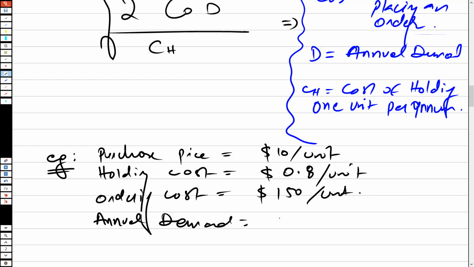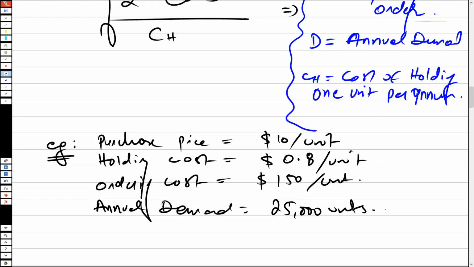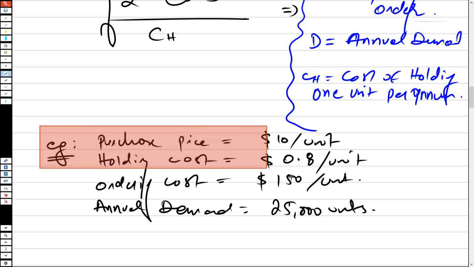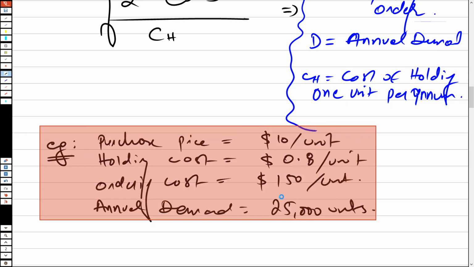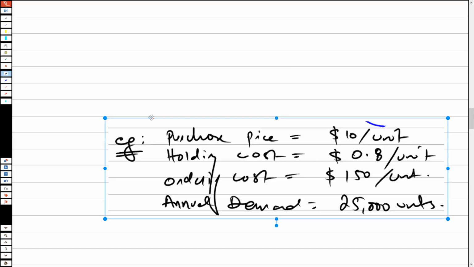And the annual demand is, let's say, 25,000. So if you've got this specific scenario, how exactly are you going to do all the calculations with respect to the economic order quantity?